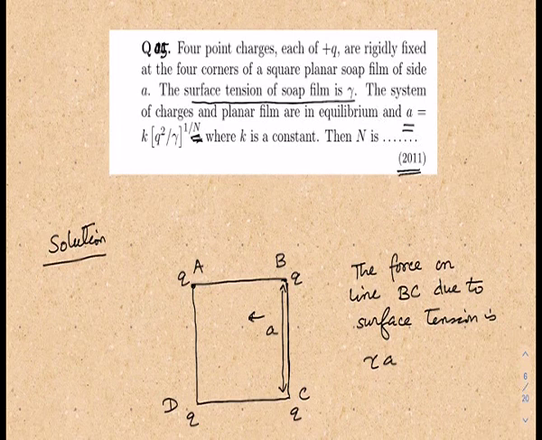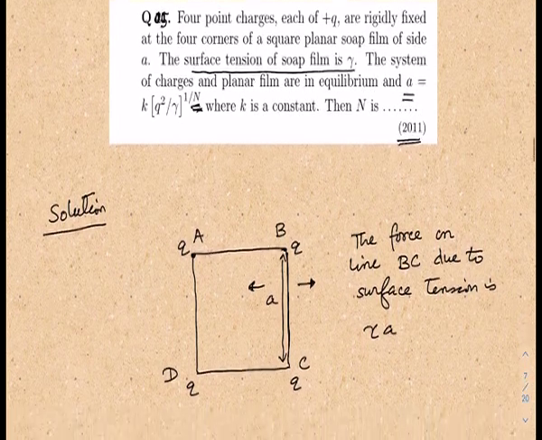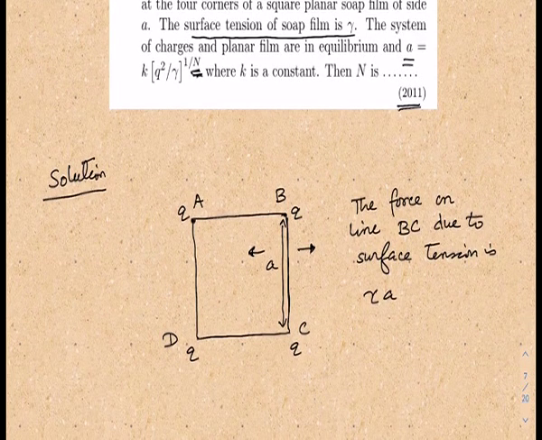Now, for equilibrium, this has to be balanced by an equal and opposite force along this direction, and that has to be obviously due to the electrostatic force. So let us find out the electrostatic force on this line BC then.